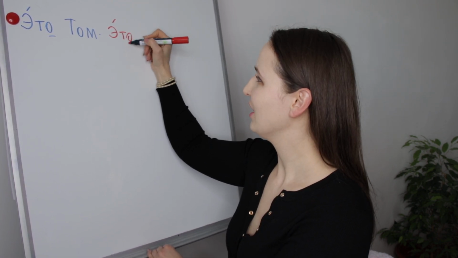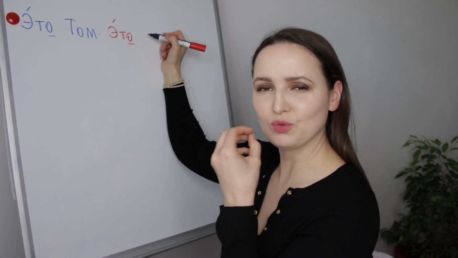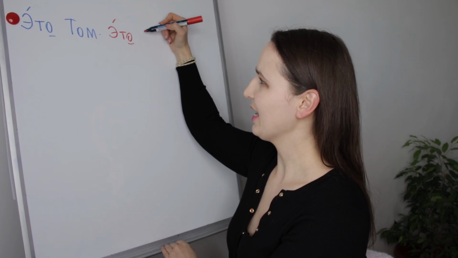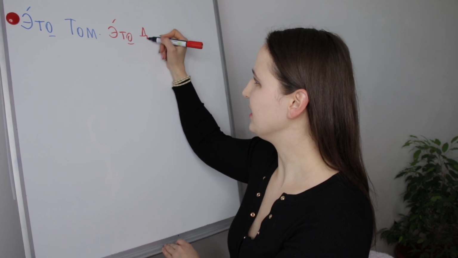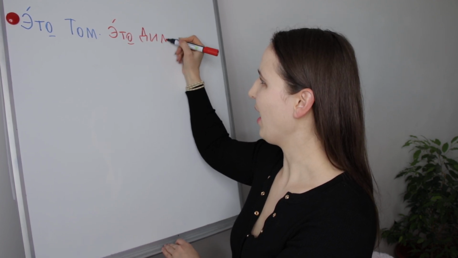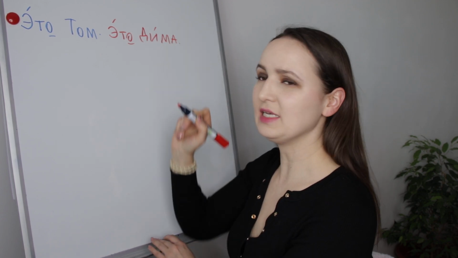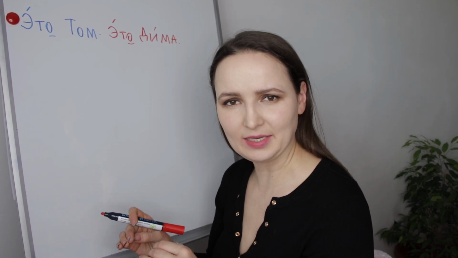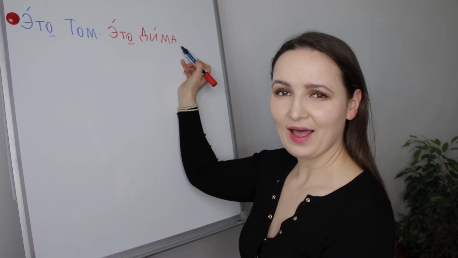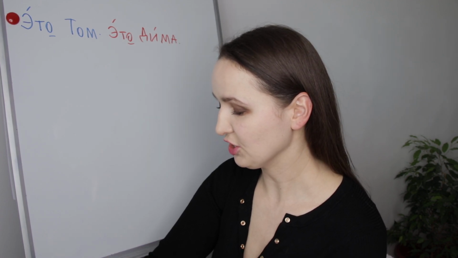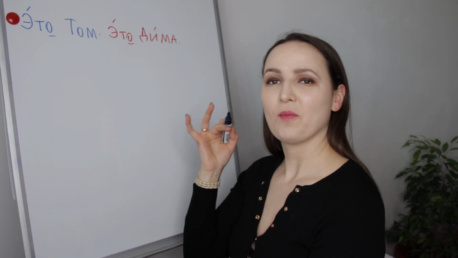Дальше. Это Дима. Here O, without stress, so we pronounce it as a. Это Дима. Отлично. Дальше.